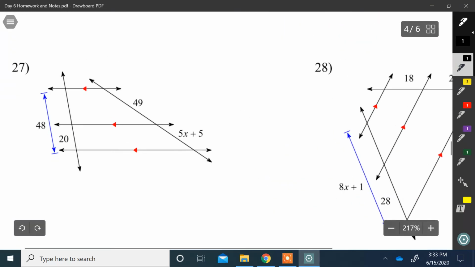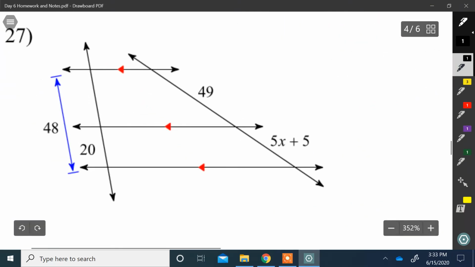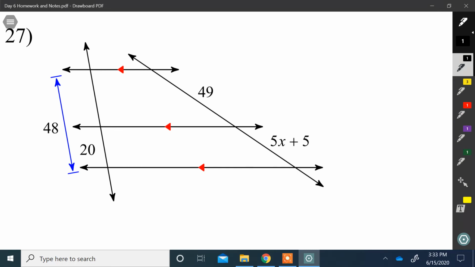All right, so now this theorem right here, what we have here is pretty much the same thing, guys. The same thing over again.